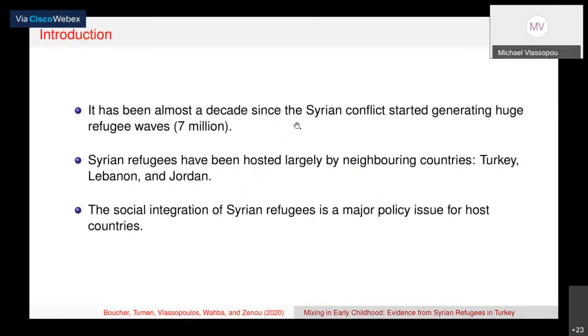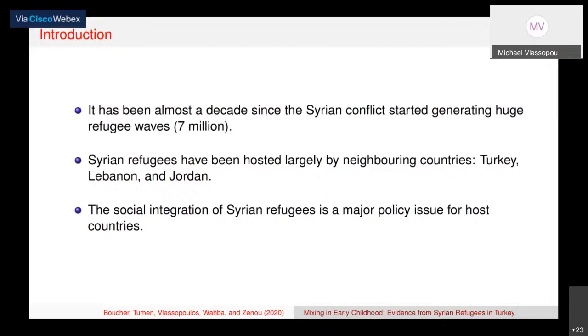Now, let me start by giving a bit of context for the study. We're looking at Syrian refugees in Turkey, and it's now been almost a decade since the beginning of the Syrian conflict in 2011, which, as you know, was huge.